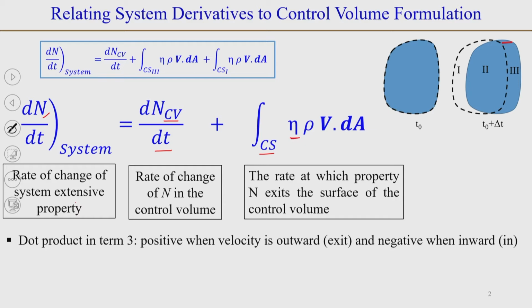So, eta is the corresponding intensive property, which is n divided by mass or n per unit mass. A couple of things: we have this plus sign because we have derived it assuming that the velocity is outward. If velocity is inward, then this sign will become negative, and this velocity v is measured relative to the control volume.